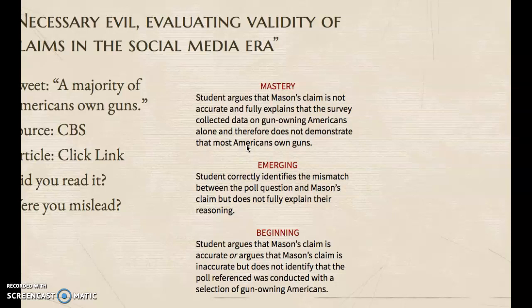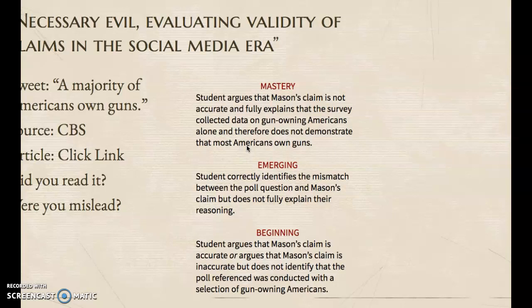But the source was a CBS article. You would click the link in Twitter. Did you read it? Were you misled in any way? Like we all know, Twitter is an inflammatory environment where people just make claims, and it's up to us, the reader, if we want to learn more in detail about what the article actually says.